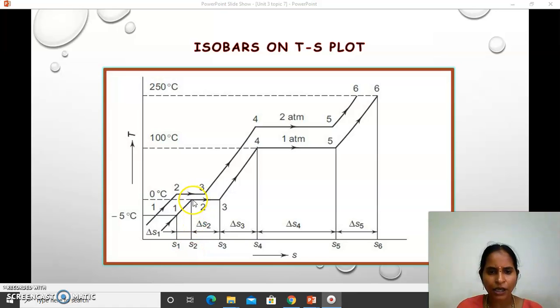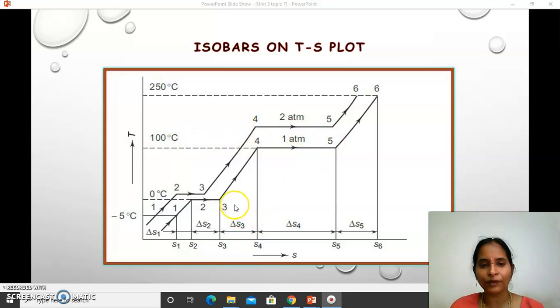What is the entropy change from 2 to 3 at the constant 0 degrees Celsius? Between states 2 and 3, all the ice is converted to water, and then the water absorbs heat as sensible heat, so further heat addition increases the temperature, which can be observed, and again at the constant temperature of 0 degrees Celsius.